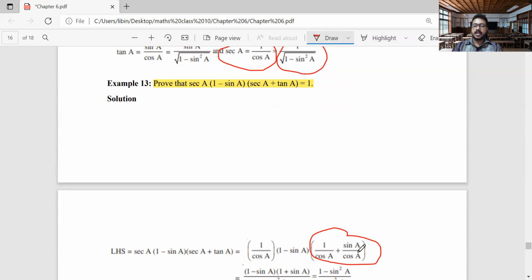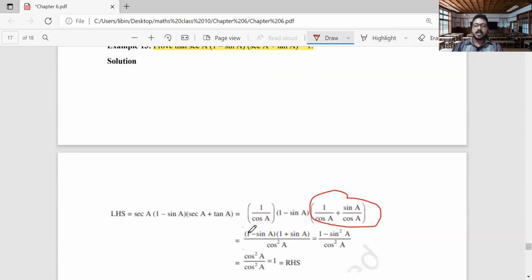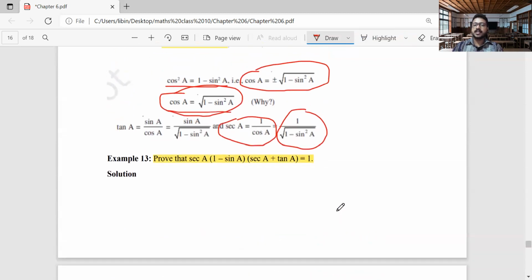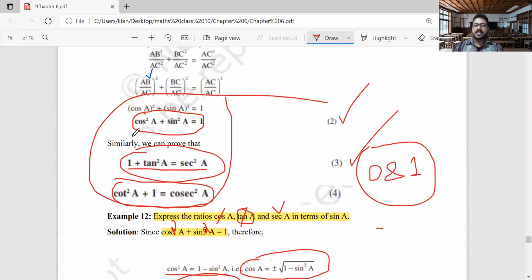So 1 plus sin a divided by cos a, and we can just multiply. We will get 1 minus sin a into 1 plus sin a divided by cos squared a. You know that a plus b into a minus b is equal to a squared minus b squared. So 1 minus sin squared a divided by cos squared a. But what is 1 minus sin squared a?